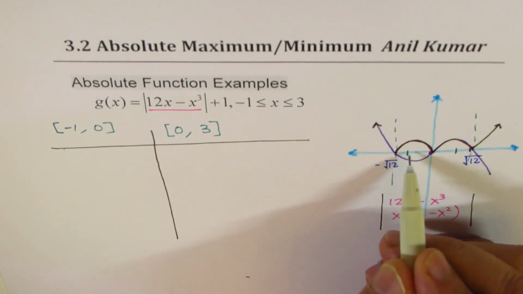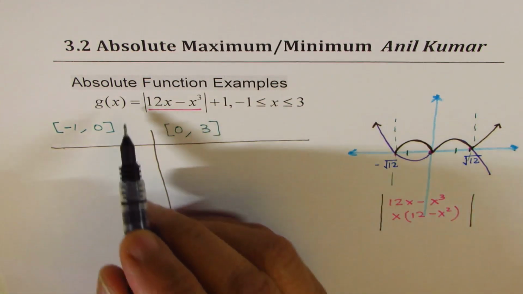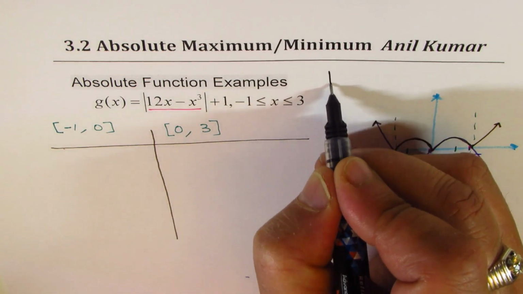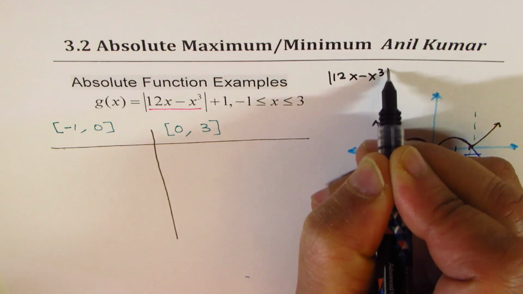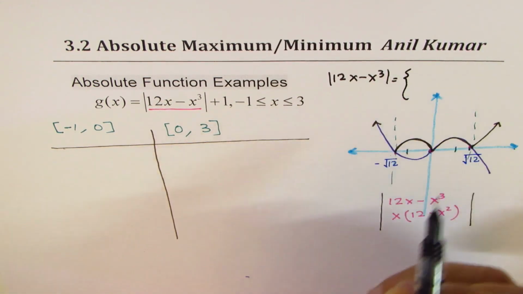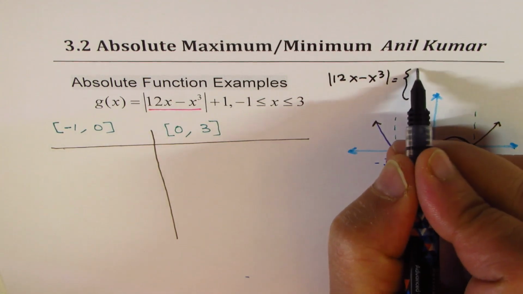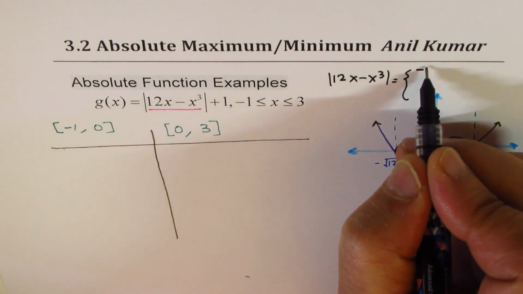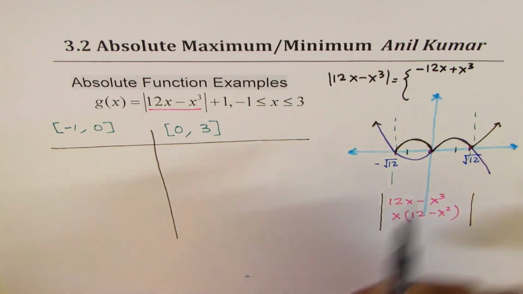In this interval, let me redefine my function first to tell you exactly what I'm trying to show. So I could now write down that the absolute value of 12x minus x cubed is indeed equal to, in the left portion, we flipped it. So it is the negative of this. It could be written as negative 12x plus x cubed.